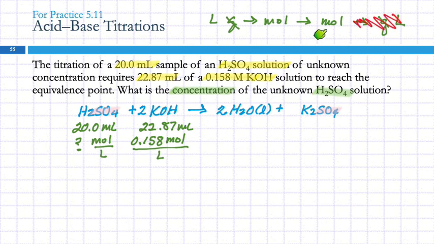We want to calculate the moles of that, and then we have the volume, and to find the molarity, we take the moles and we divide by the volume in liters, right? So we're going to do stoichiometry, liters to moles, and then we're going to use the equation that molarity is equal to moles divided by liters.